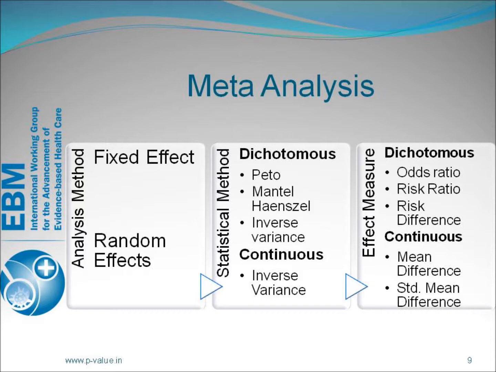The effect measure for dichotomous data is either presented as odds ratio, risk ratio, or risk difference. Continuous data presents the effect measure as mean difference or standardized mean difference. In-depth discussion of these methods will be taken up in subsequent presentations.